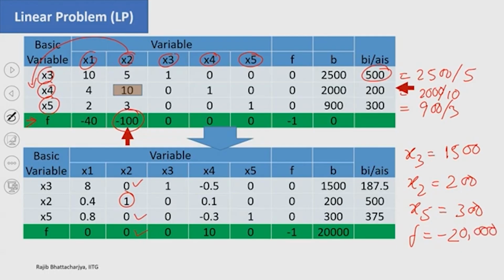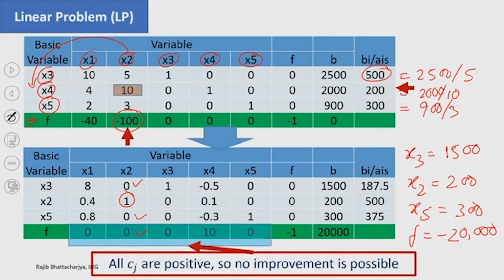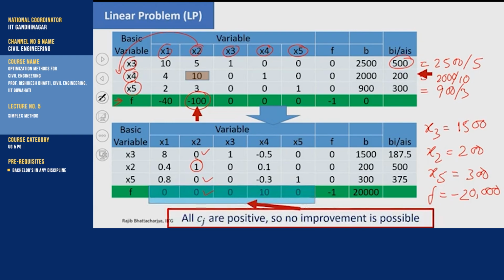Now, what do we have to look at? We have to look at the objective function row. Is there any negative coefficient? No, all Cj are positive, there is no negative coefficient. So, no improvement is possible, that means I will not get any improved solution.